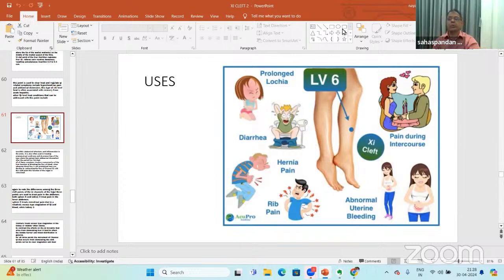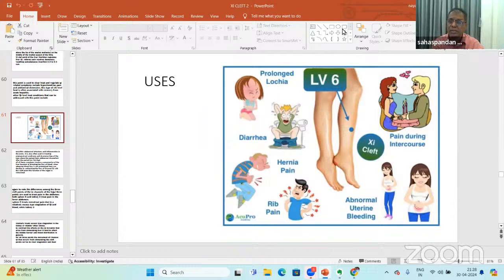This is Kidney 8, the Xi-cleft point of the Yin Qiao vessel, which regulates Ren and Chong meridians. This point regulates menstruation.